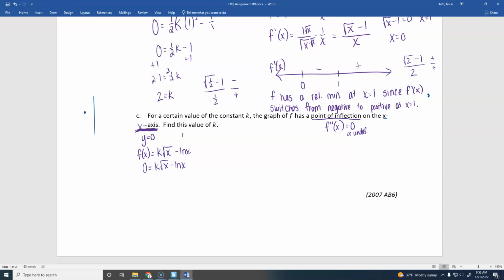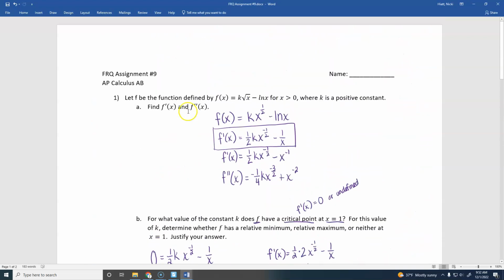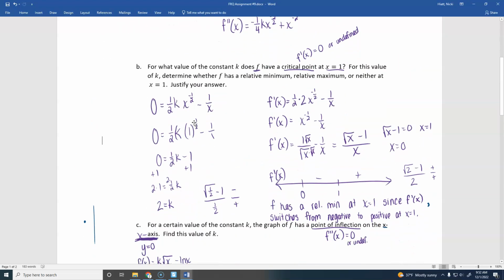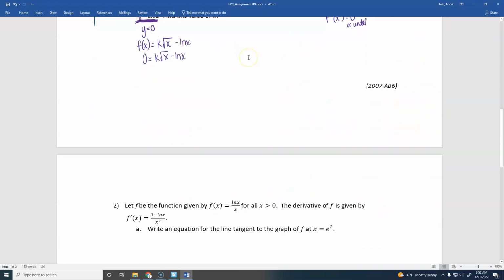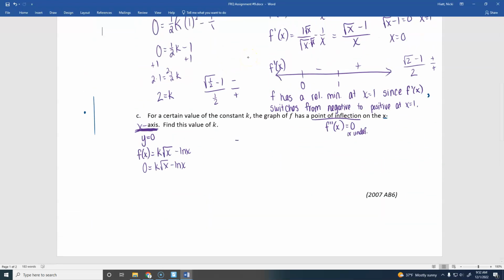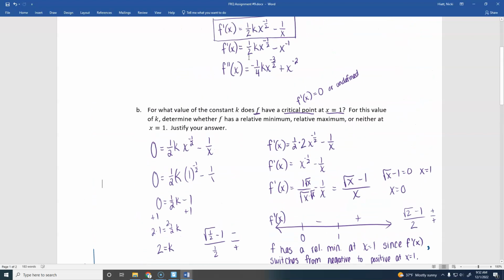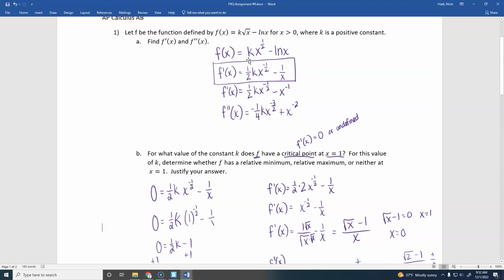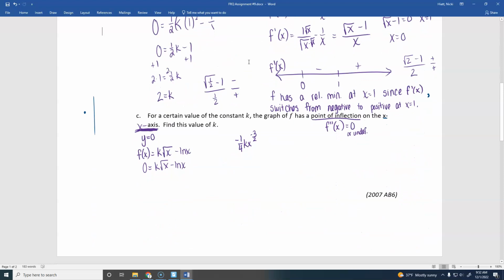So let's go over to second derivative equaling 0. Let's see if that'll get us anywhere. The second derivative was negative 1/4 k x to the negative 3/2 plus x to the negative 2 equals 0.